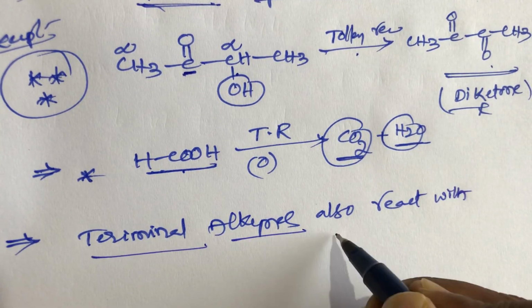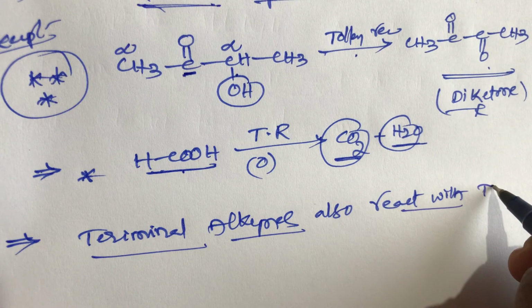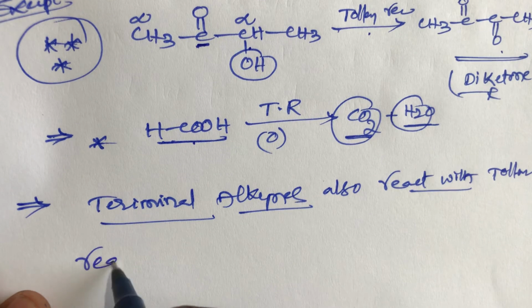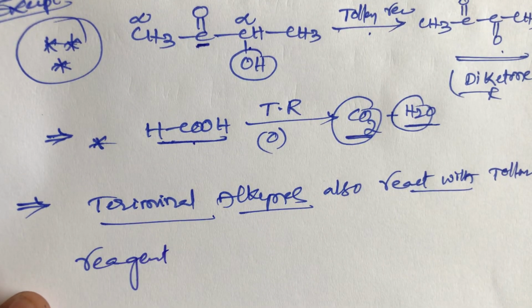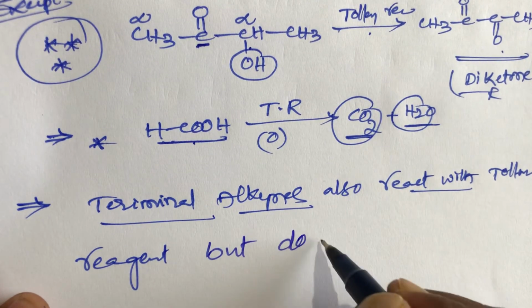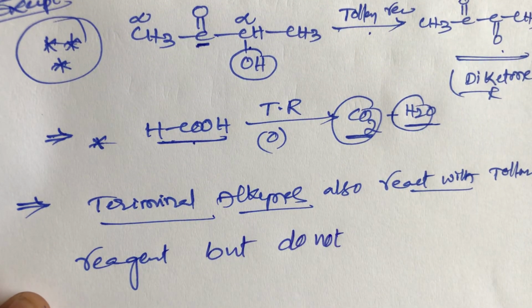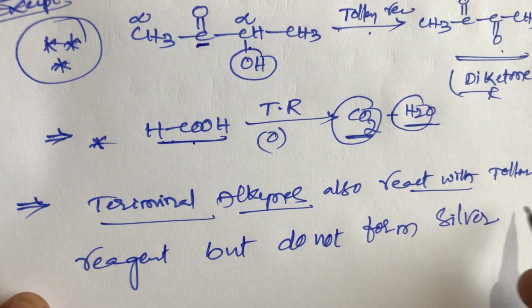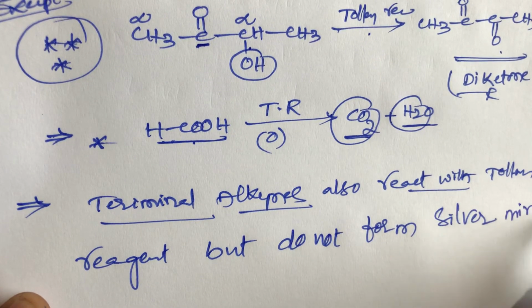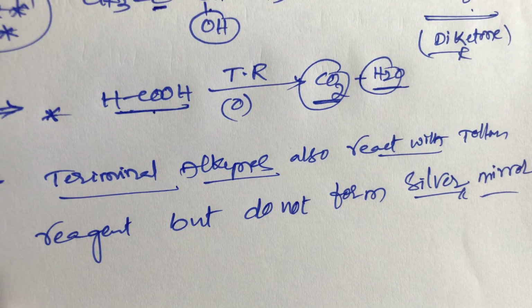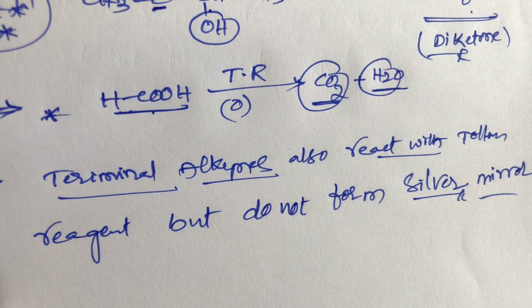Terminal alkynes also react with Tollens reagent, but do not form a silver mirror. Student, this is also very important. When Tollens reagent reacts with a terminal alkyne, it does not form a silver mirror.